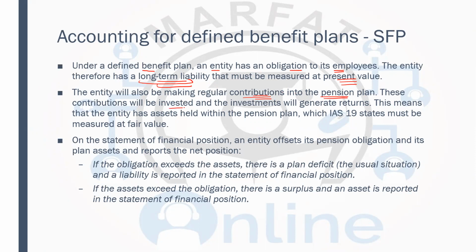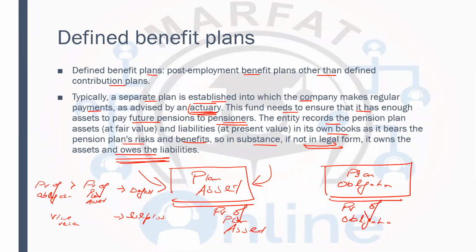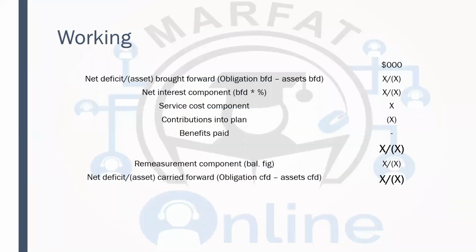These contributions will be invested, and investment will generate returns, and these returns will be used to make the payments for the pensions, which is an obligation of the company. This means that the entity has assets held within the pension plan, which IAS 19 states must be measured at fair value, which I told you, that the fair value of the plan asset should be equal to the present value of the obligations.